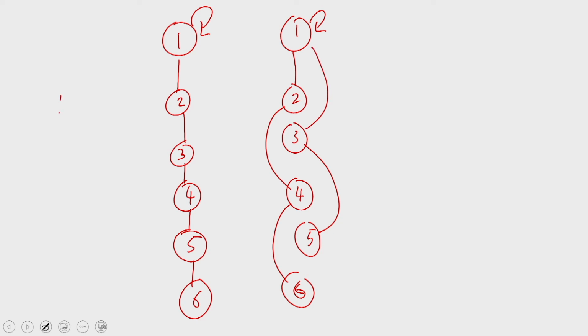So, here we had a height of 5, whereas here we have a height of 3. The new height is 3. So, the old height divided by the new height in this case is 5 by 3.